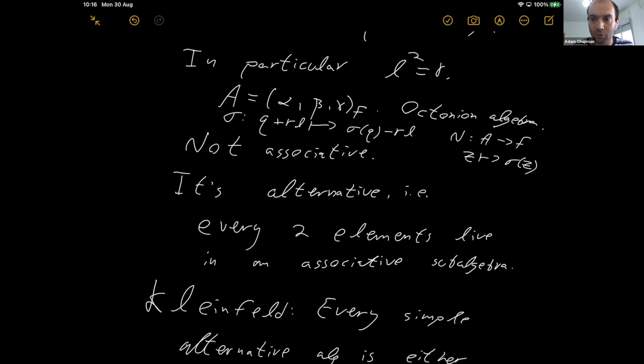So it has a norm form, and you can repeat this norm form also for the larger algebras, but they are not multiplicative anymore. So the funny thing is that it stops being multiplicative here. For the next stage, it's not multiplicative. You can have two elements, both of non-zero norm, and the product can be 0, which is definitely of norm 0.